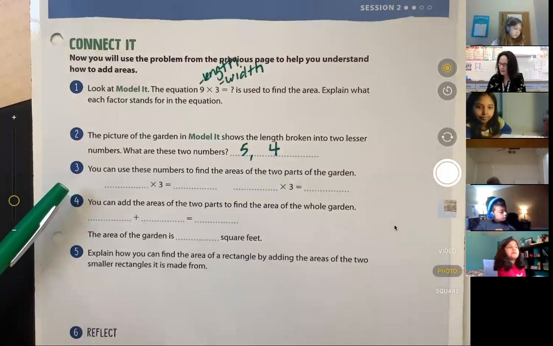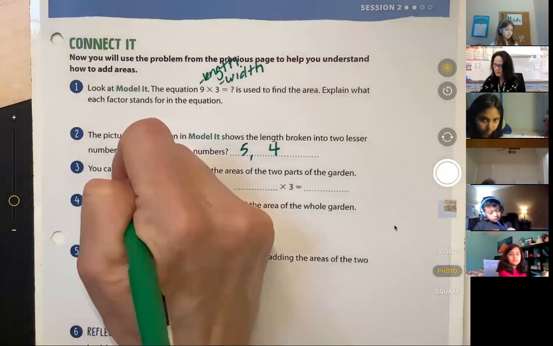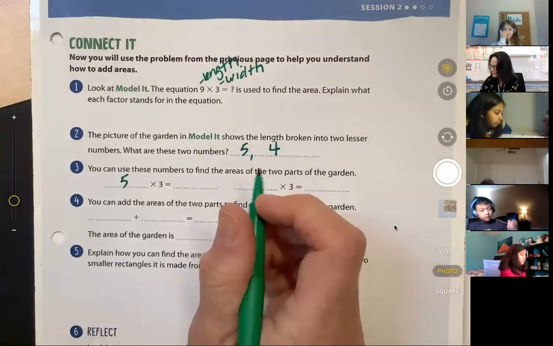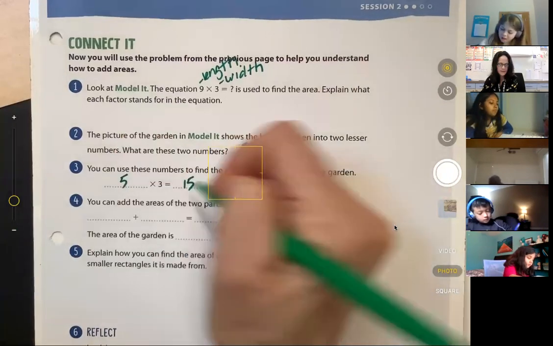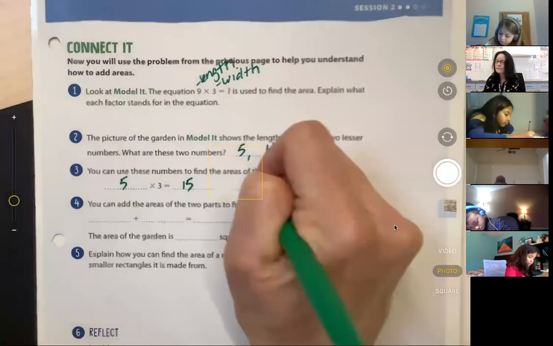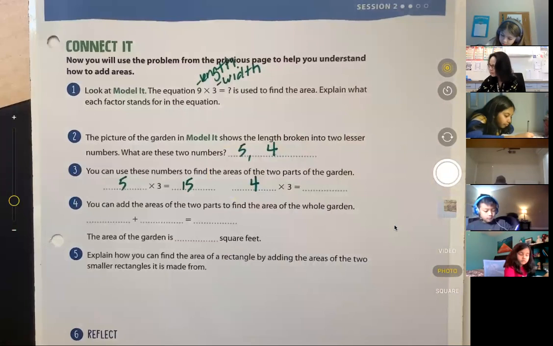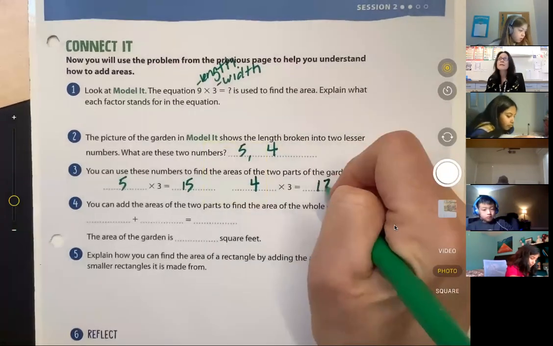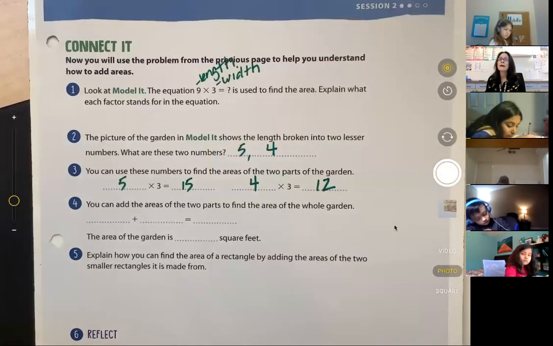So of course we have tomatoes, and that's going to be 15. And then we have the corn, and that was 4 times 3, again, length times the width.